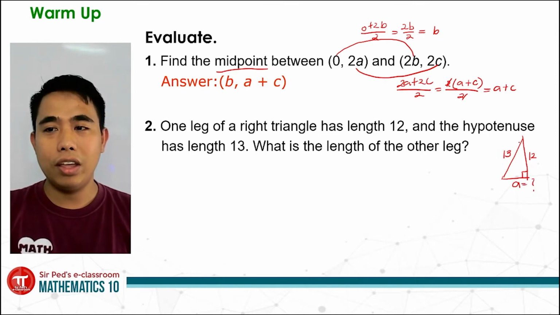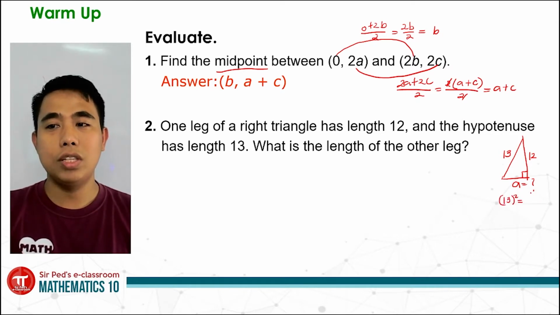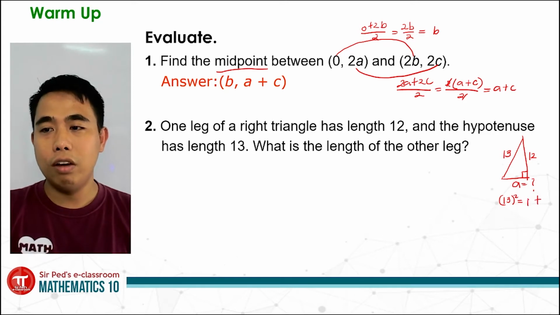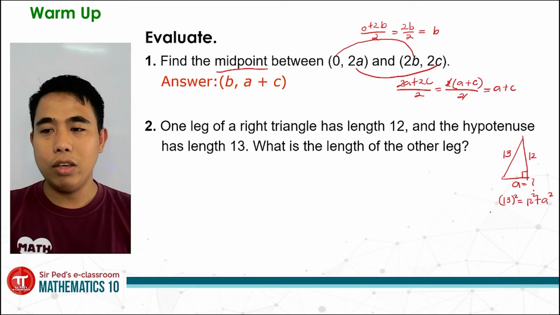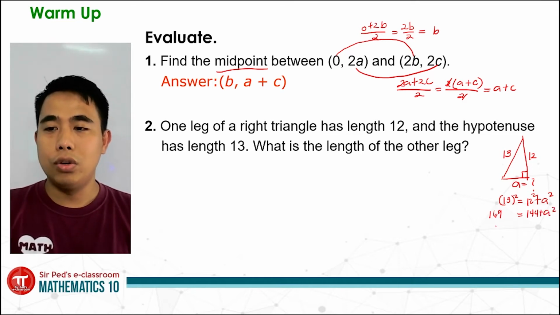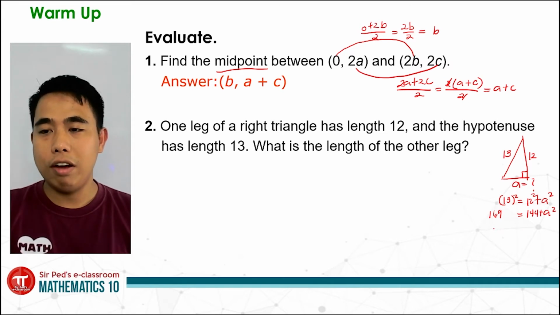So the square of the length of the hypotenuse is equal to the sum of the squares of the two legs. Simplifying, we have 169 for 13 squared, which is equal to 12 squared, 144, plus a squared. By the addition property of equality, 169 minus 144 is equal to a squared.